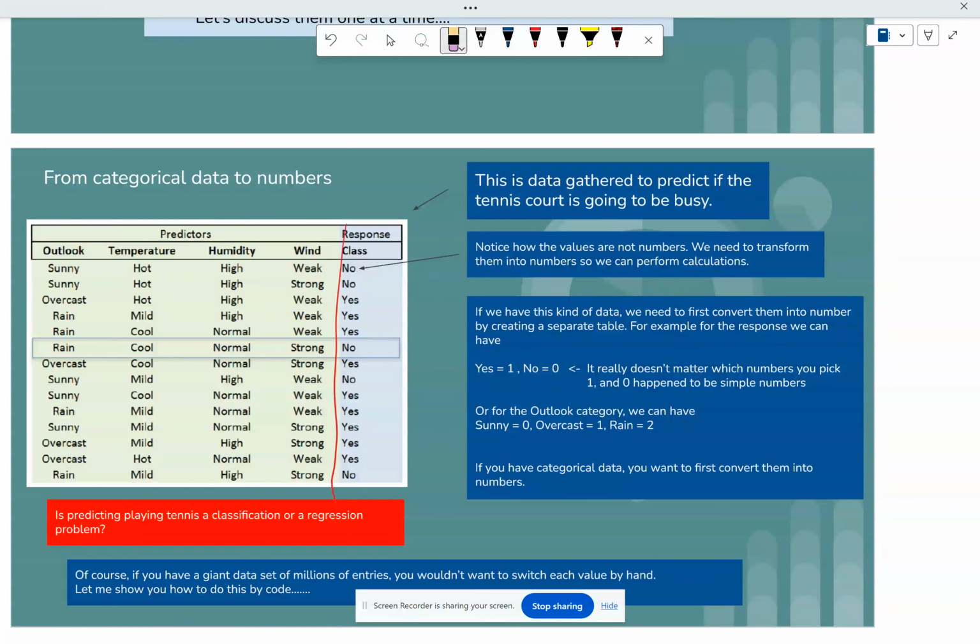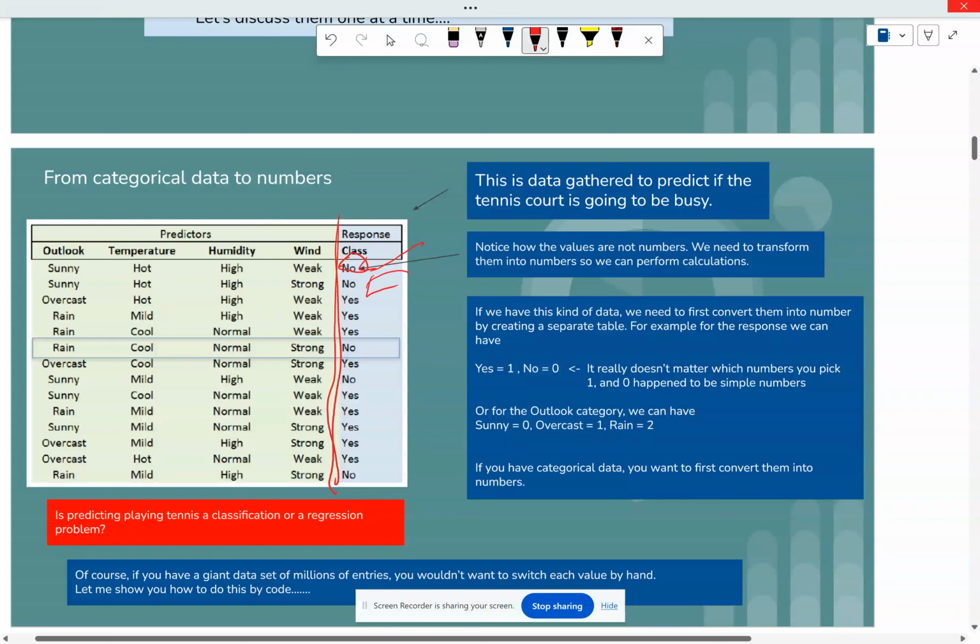So what we normally do is take these as categories and convert them to numbers. For example, we will say yes is equal to 1, no is equal to 2. You can do it backwards where no is equal to 1, but it doesn't matter. You just create a table and designate each possible outcome as a number, right? That's all you have to do, and then you convert all this text into numbers.